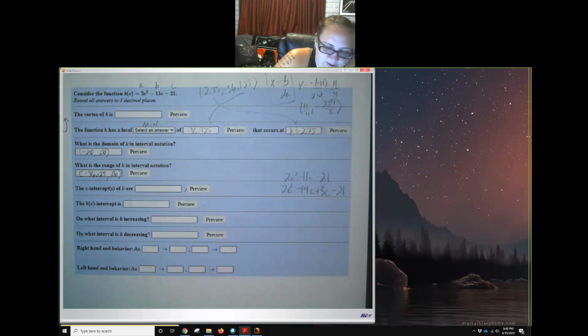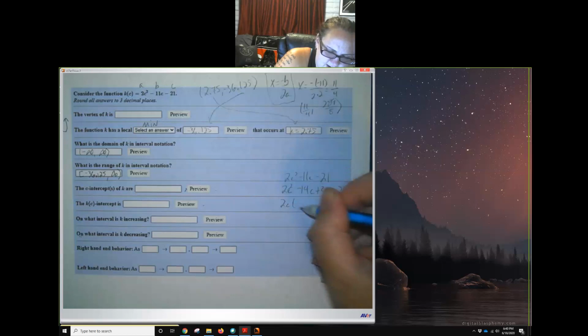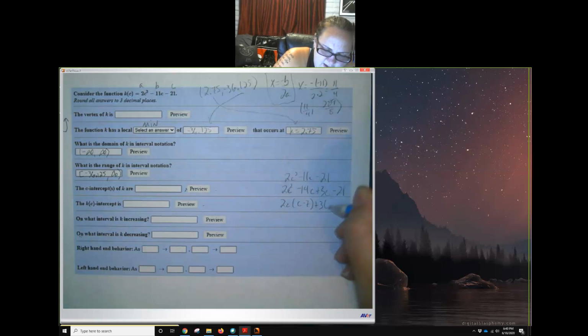And then we group. A 2c squared and a 14c have a 2c in common. A 3c and a 21 have a 3 in common. So then that would be c minus 7, 2c plus 3. And we're going to set those equal to 0.